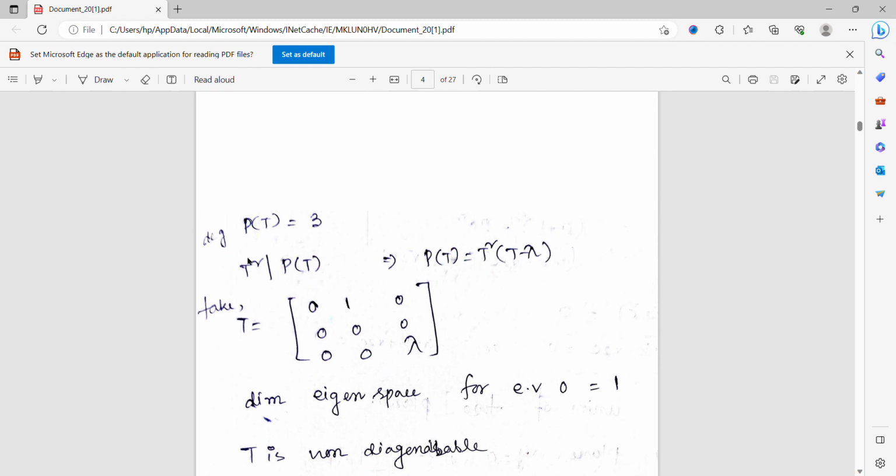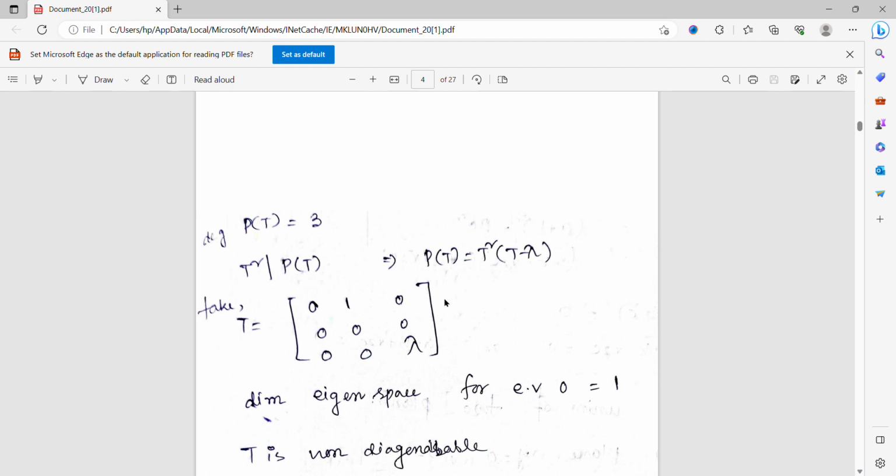Now take a matrix T where T is just like this: 0, 1, 0, 0, 0, 0 and 0, 0, lambda. Observe that the characteristic polynomial p(t) also fits this matrix, right? For this matrix, the characteristic polynomial is t square into (t - lambda), because this is an upper triangular matrix and all the eigenvalues are the diagonal entries.